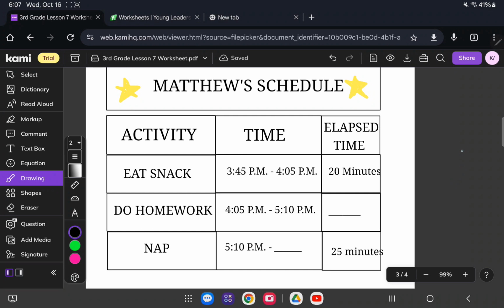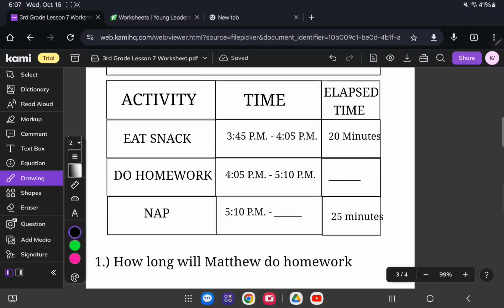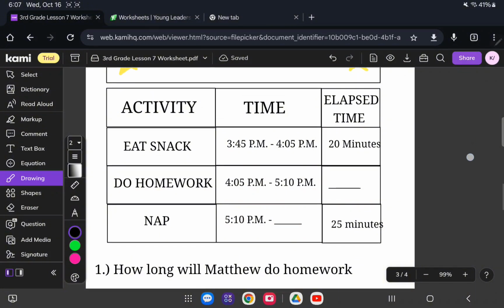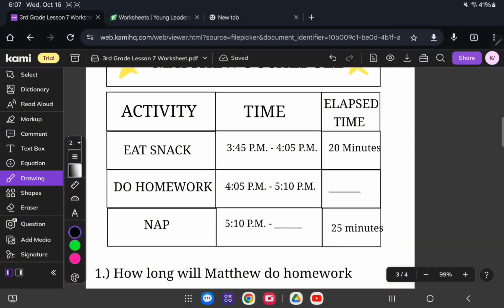Matthew's schedule. Here we have the activity, eat snack, do homework, and nap. We have the times and the elapsed time, which means how much time has passed.